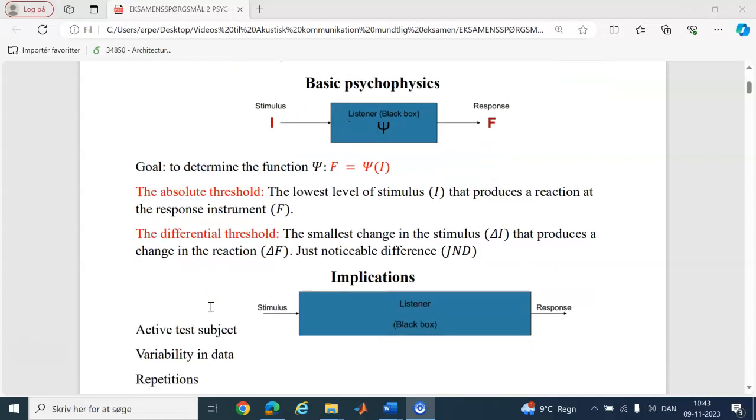We have the absolute threshold, that is the lowest level of stimulus that produces a reaction at the response instrument.